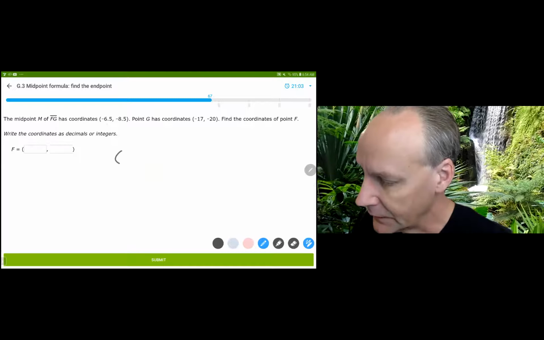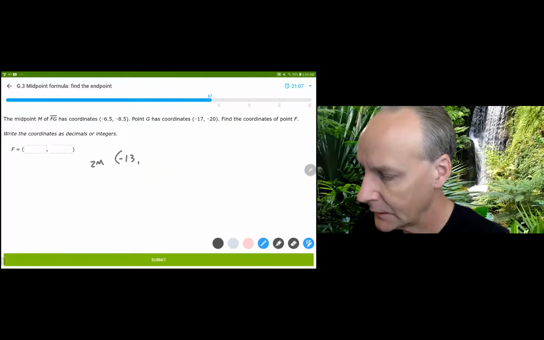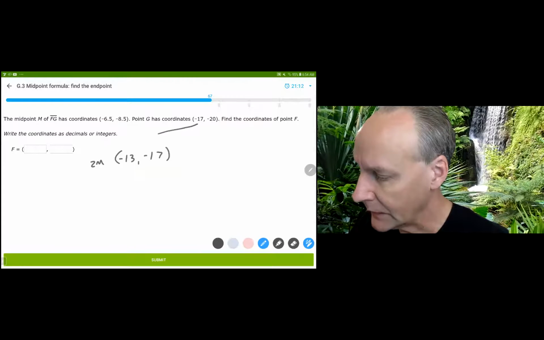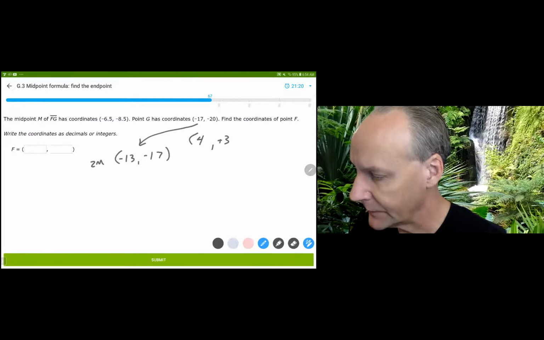This one's going to be 2m is equal to negative 13 and negative 17.